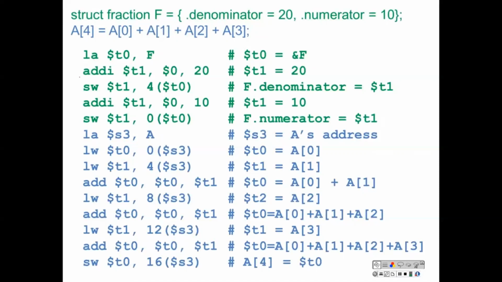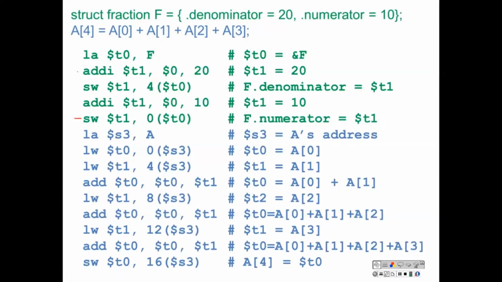The second instruction initializes a register to the value 20, and then the following instruction stores that value 20 into the location of the denominator field in the struct, which is 4 bytes offset from the beginning of the structure. The next instruction initializes the T1 register to 10, and then store word of that register of 10 out to the 0 offset from f initializes the numerator field to 10.